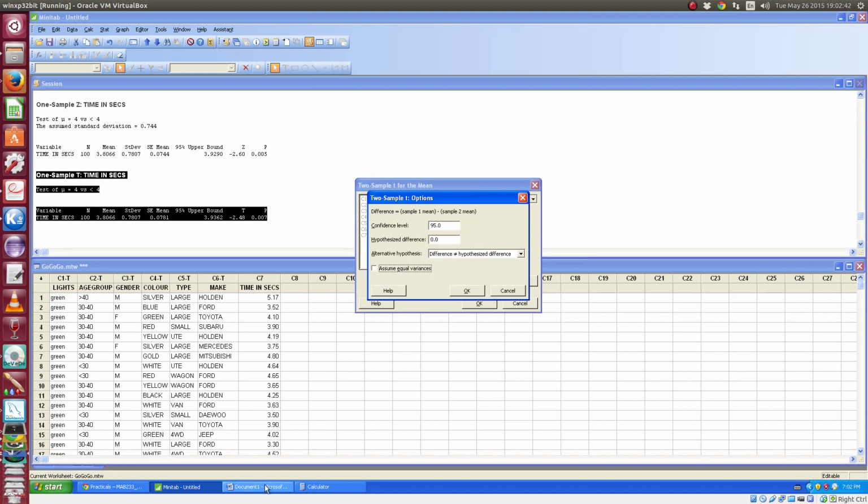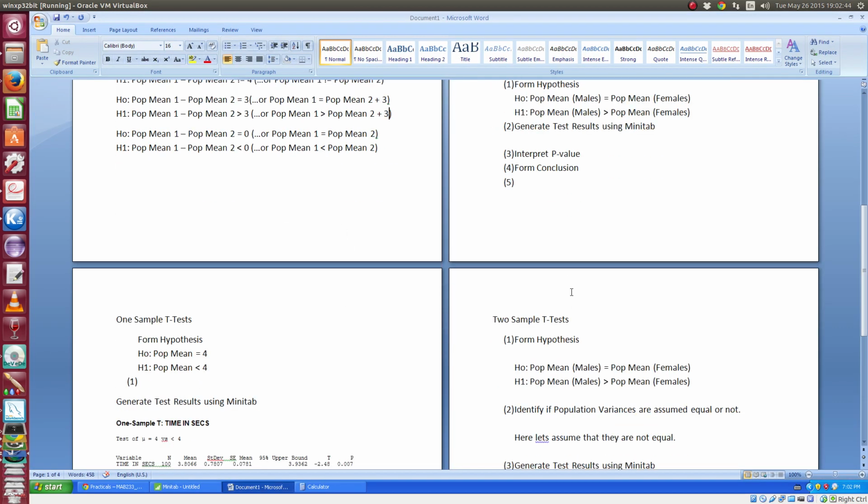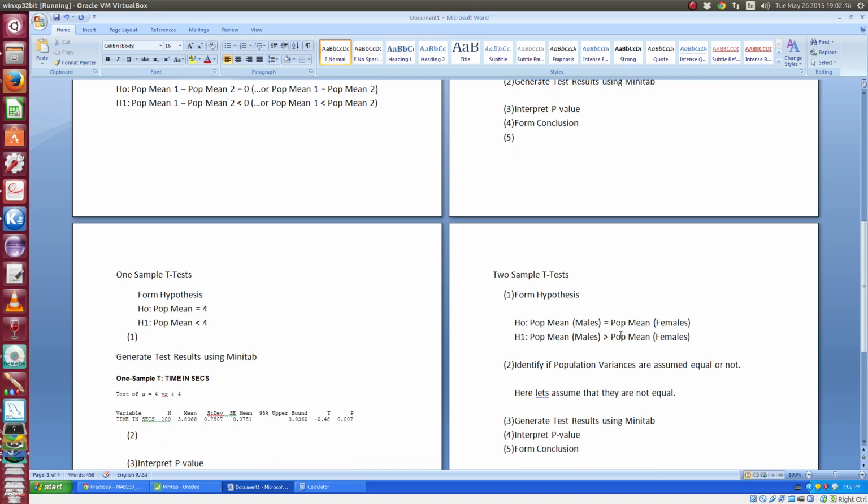And the type that we're looking at is where the difference is greater than 0. The reason I know that is, remember that this can be written as population mean males minus population mean females is greater than 0. That's another way of writing this.